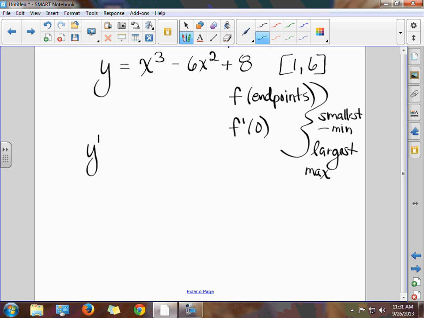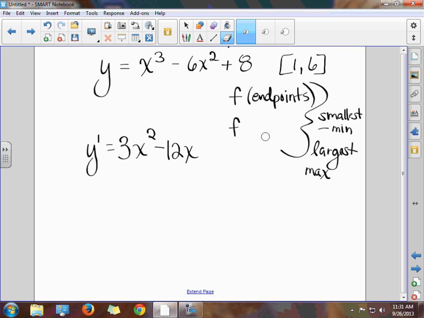So we're going to start by finding y prime, and it'll be 3x squared minus 12x. Then we want to know where this is equal to 0. Sorry about that. We want f evaluated at the endpoints to see if those are maximums and minimums, and we want where the derivative is 0.